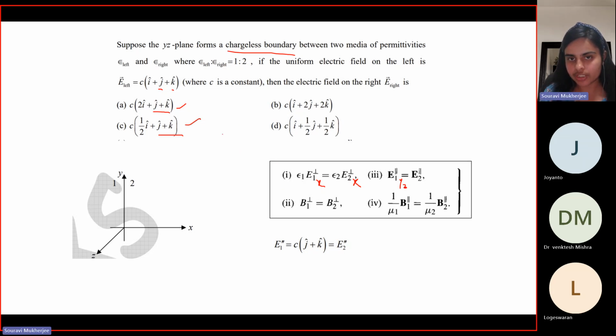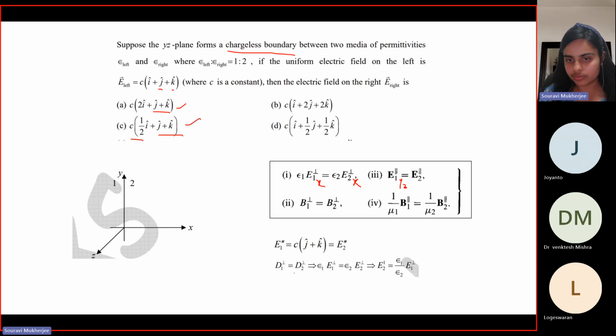So 1 into C should be equal to 2 into E right X. So E right X is C by 2. That means the answer for this case should be equal to C, right?